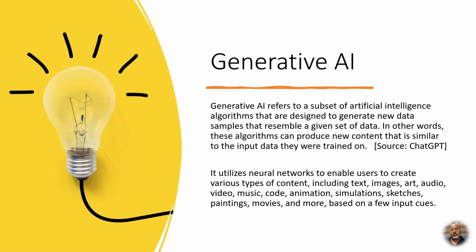This powerful technology uses neural networks to produce content like essays, art, music, and more. The sky is the limit, honestly, all from a simple input prompt. And this word prompt is the key. The key for generative AI is the prompt, whether you write it or you speak it.